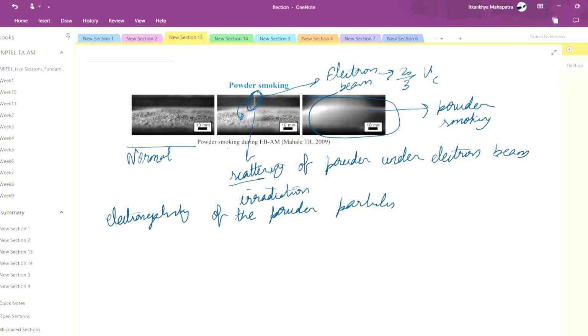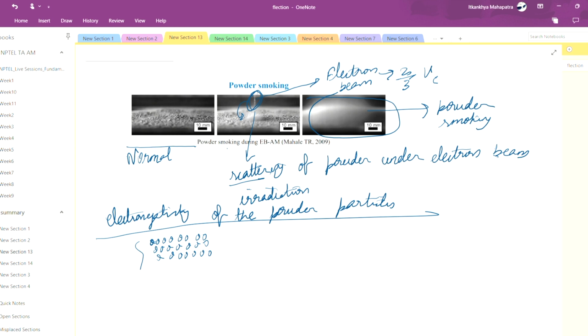Suppose we have these powder particles. Now these powder particles are made with different processes like gas atomization. In gas atomization we melt the material, and we pass the molten material to the nozzle, and because of the air the molten material is converted into powder particles.